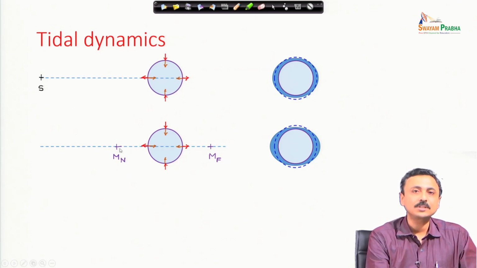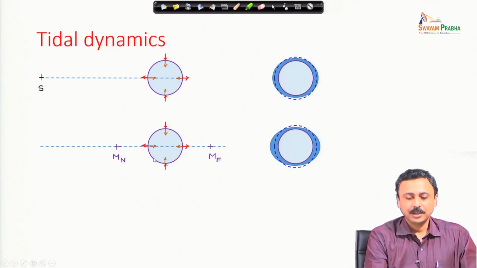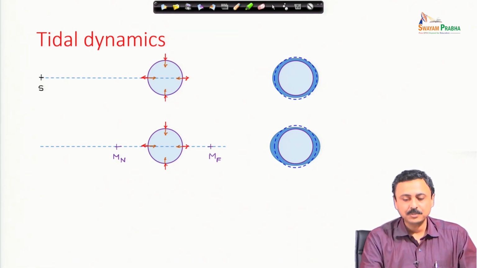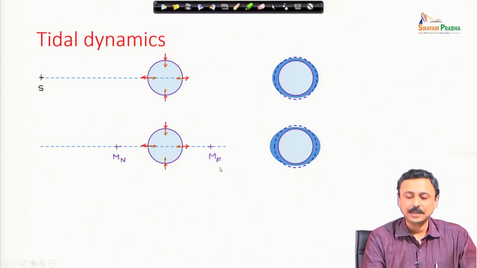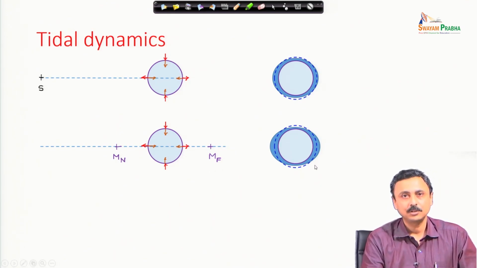So, it is on the sun earth line, let us say, not exactly on that line, but it is a new moon day. Then just because of the moon, you will again observe the tidal bulge very similar to that of the sun. Even on the full moon night you will see a tidal bulge very similar to that due to the sun.